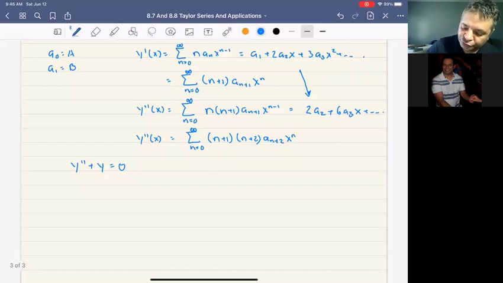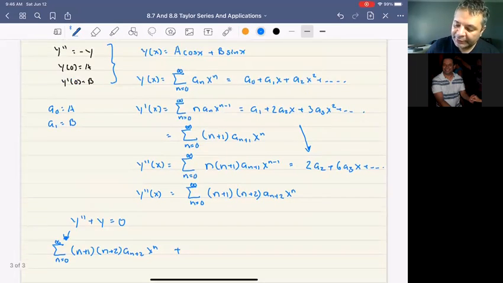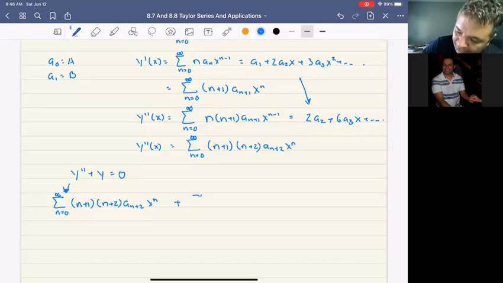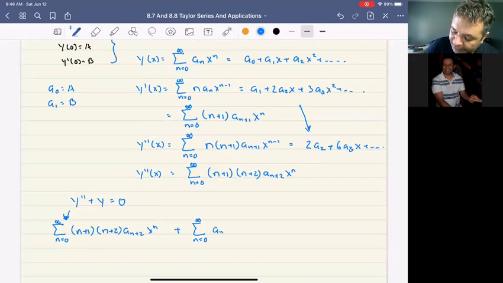So the sum, n goes from 0 to infinity, n plus 1, n plus 2, a sub n plus 2, x to the n, plus y, that's going to be the sum, n goes from 0 to infinity, a sub n, x to the n equals 0.